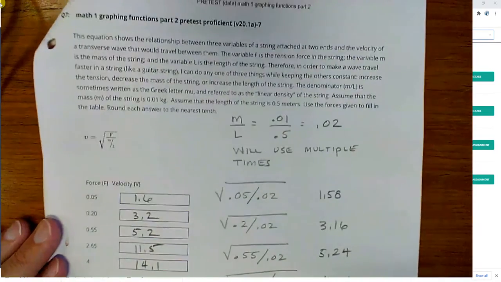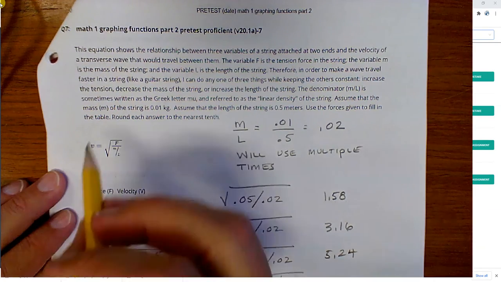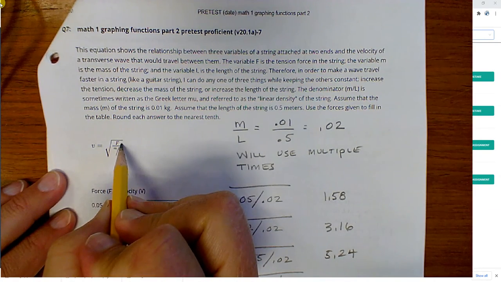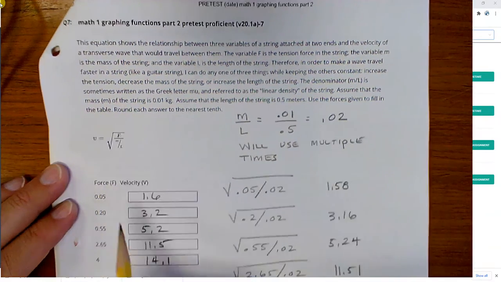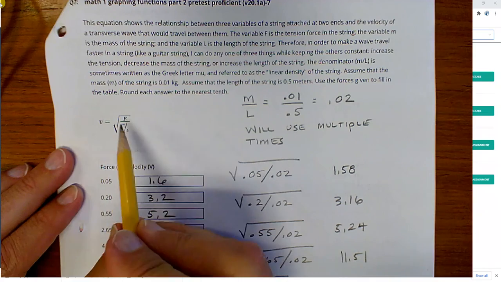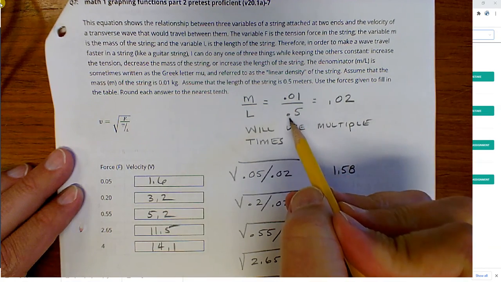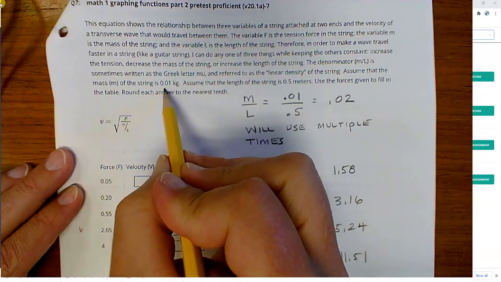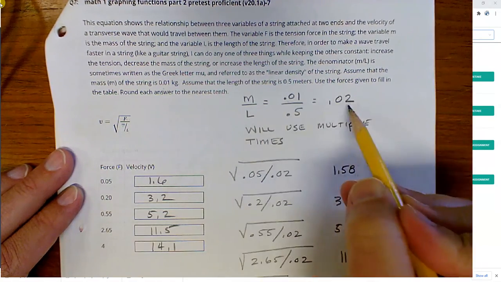All right, we've got an equation that we have to use and plug in numbers and evaluate. We're given the F's with the table. The mass and the length were given to me in the equation. The mass is 0.01 and the length is 0.5. I use those two to get 0.02.